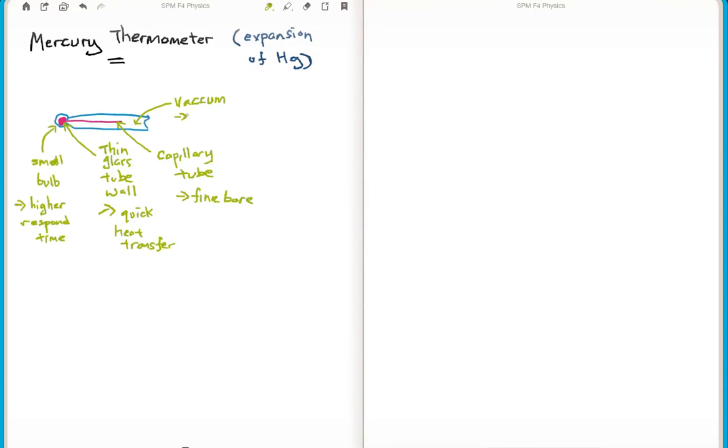To avoid interference, you cannot have air inside this fine bore. Otherwise, the moment the volume of this mercury increases, the pressure will start to build up and then it will stop the mercury from expanding.